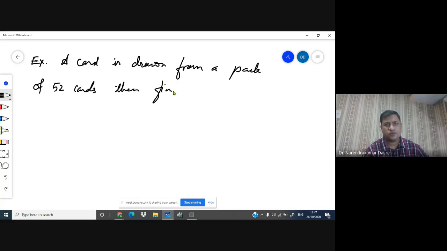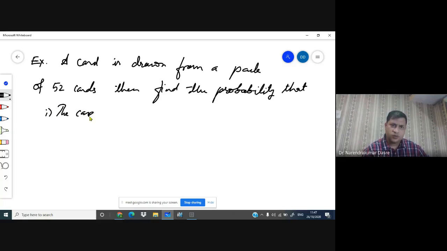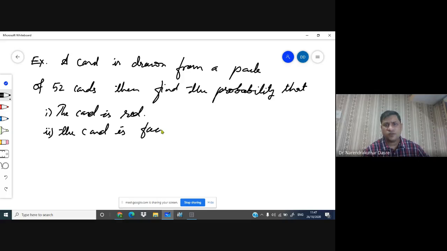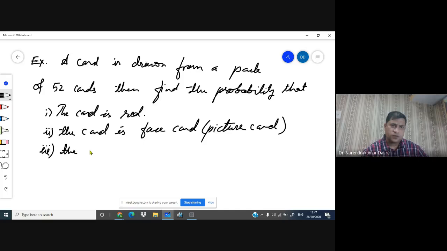Then find the probability that, first, the card is red, second, the card is a face card or court card, and third, the card is of another type.